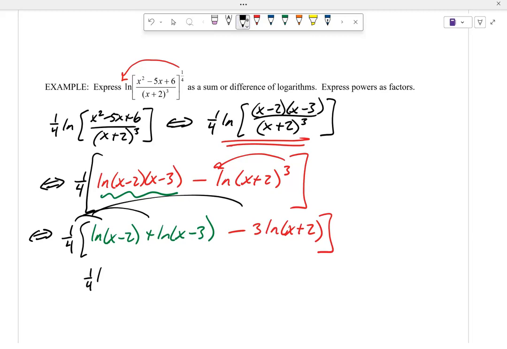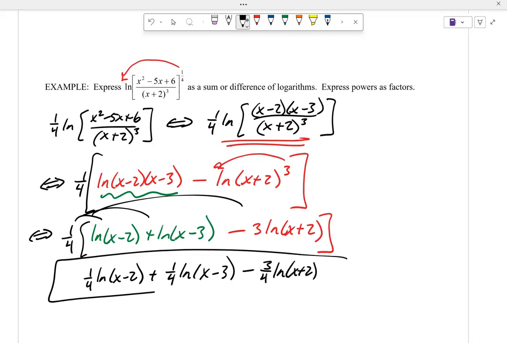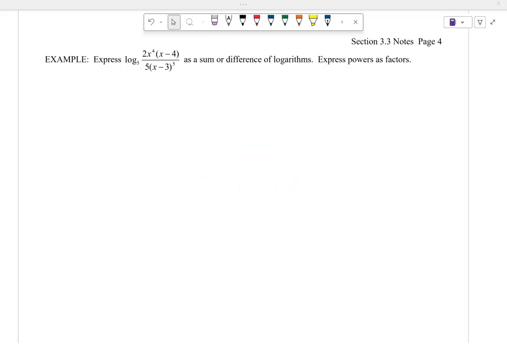So we've got a 4th ln x minus 2, a 4th ln x minus 3, minus 3/4 ln x plus 2. This would be a great time, you guys, if you want to make this a try-it-yourself problem. Pause the video and scratch that out.